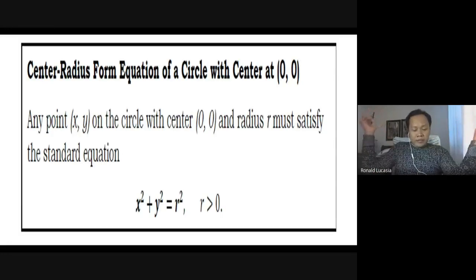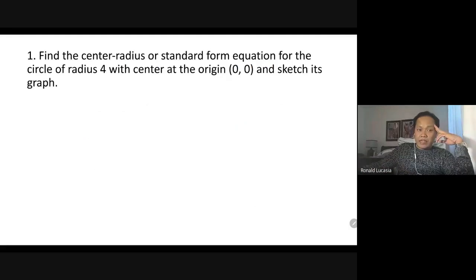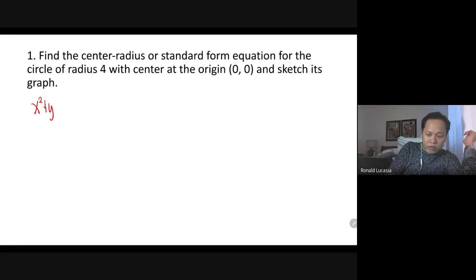So let's make use of this form to solve the following example. Find the center-radius or the standard form equation for the circle with radius 4 and center at the origin (0, 0), and sketch its graph. The center-radius form is x squared plus y squared is equal to r squared.